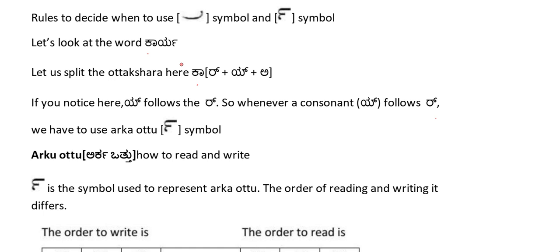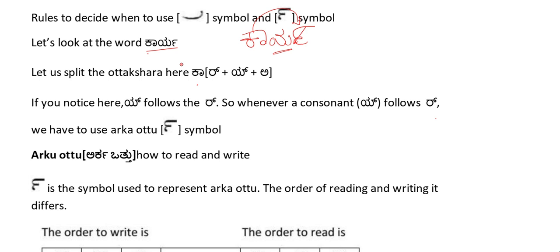For that, let us take an example of the word Karya. See how I am pronouncing it. I pronounce Ka, then R, and only then Ya. I am skipping this and pronouncing after Ka this alphabet, and then Ya.